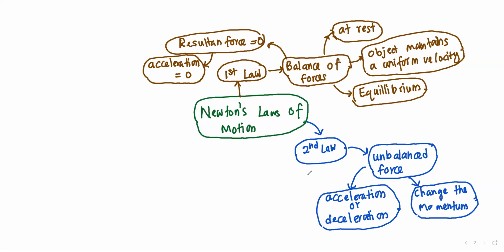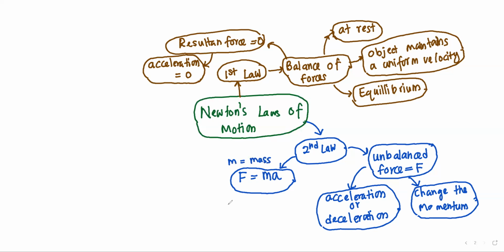And the unbalanced force is equal to the product of mass and acceleration, which you call F equals ma, a very popular equation for calculation. In this case, the unbalanced force is the F, and m is the mass of the body.